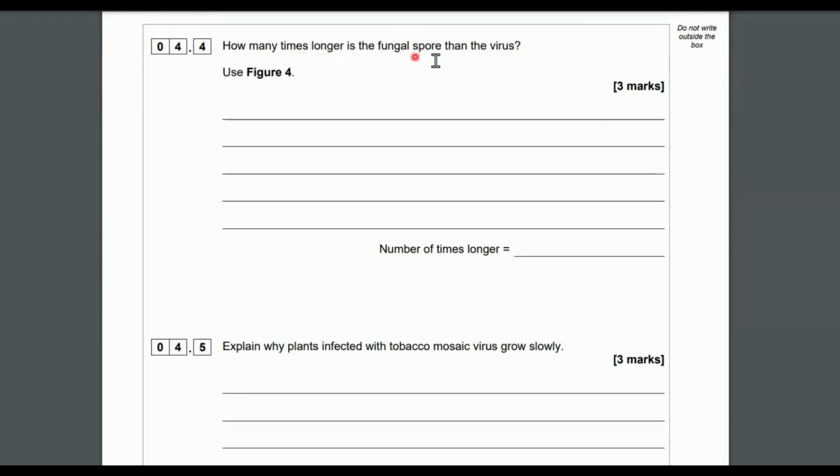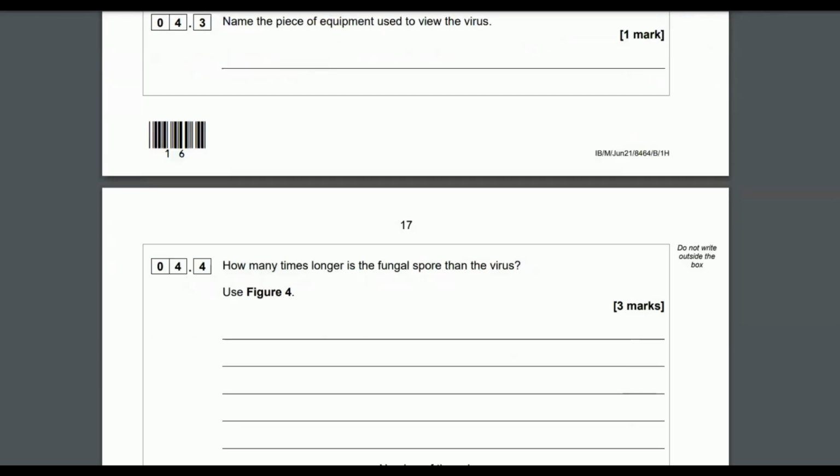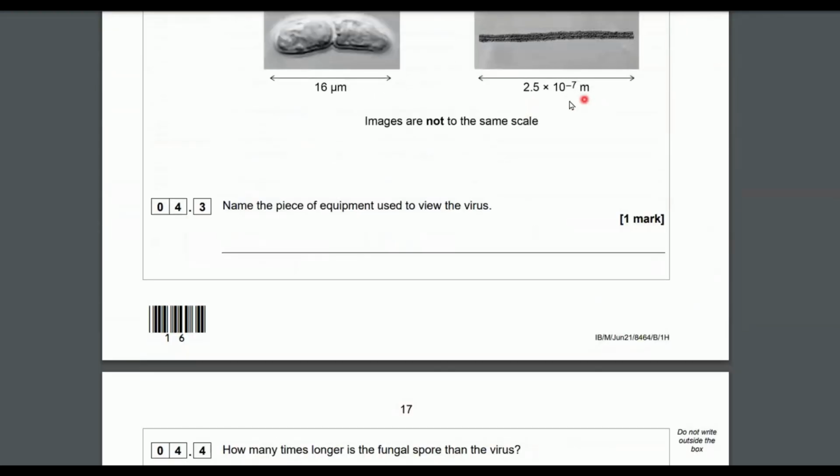4.4. How many times longer is the fungal spore than the virus? 3 marks. What we got to do here, peeps. This is in meters. This is in micrometers. First things first, we need to convert them both into the same unit. So let's do that first. If I want to convert this into micrometers, I could first convert it into millimeters and then into micrometers.